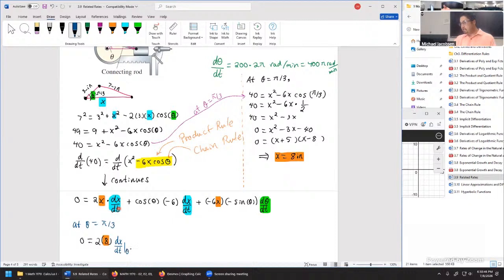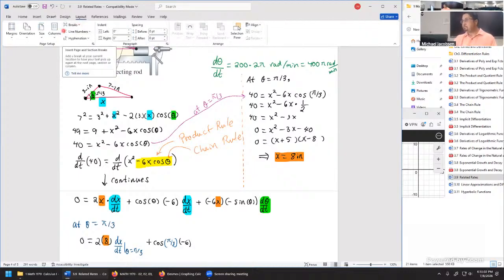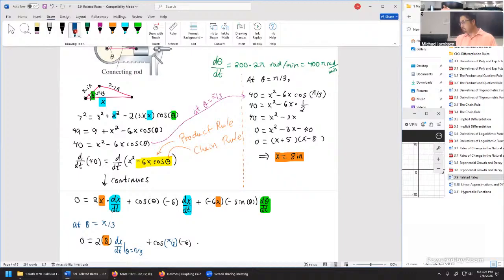This is at theta equals pi over 3, plus cosine of pi over 3, times -6, times dx dt again, at theta equals pi over 3. Then just a couple more.